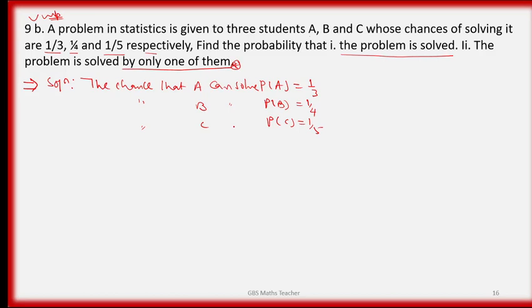The problem A ले solve गरेन solve भयो, B ले solve गरेन solve भयो, C ले गरेन भयो, A र B ले गरेन भयो, B र C ले गरेन भयो, A र C ले गरेन भयो, ABC तीनटैले गरिनु भयो. That's why this is the case of union.